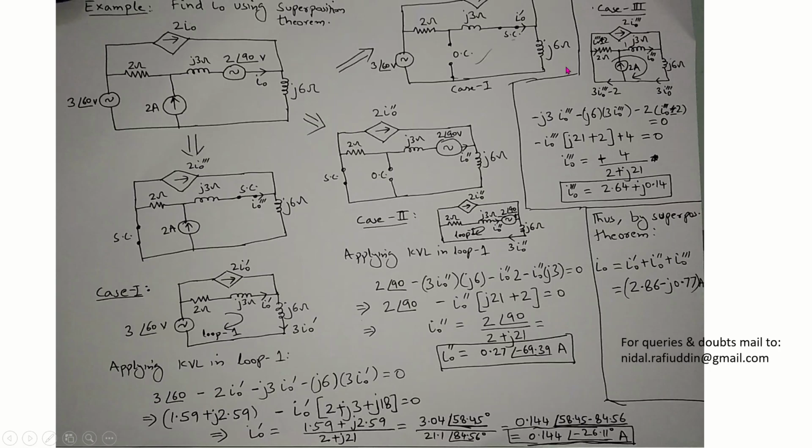So we take the phasor sum of all the currents obtained from the sub circuits, and thus by the superposition theorem, I naught equals I naught dash plus I naught double dash plus I naught triple dash, and the answer is 2.86 minus j0.77 amperes. This is the complete solution of the circuit using the superposition theorem. This is case 1, then I have written case 2 here and case 3 here. Then by superposition I get the answer as 2.86 minus j0.77 amperes.